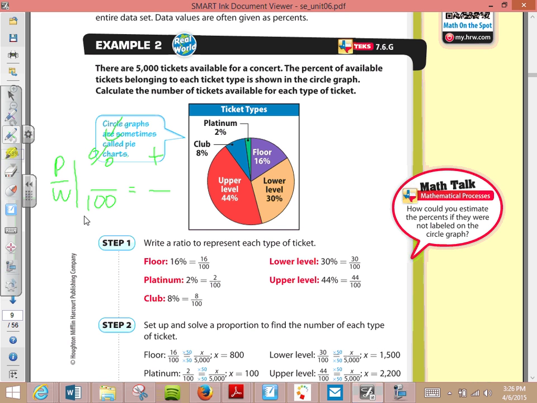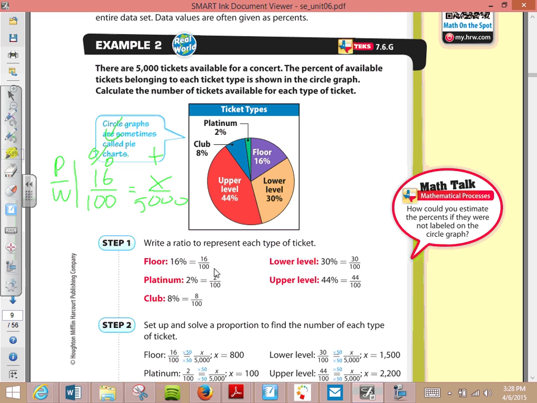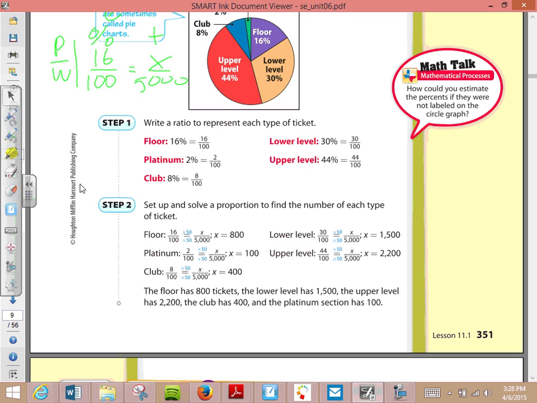What is the other one for? The tickets, right? So what goes at the bottom? 5,000, yes. And what goes on top, right here? 16. Do we know what goes over here? No. All right, let's go. Okay, so you get 800 when you do all the cross multiplication.